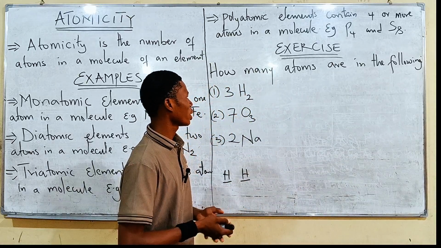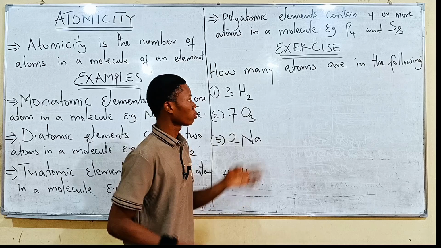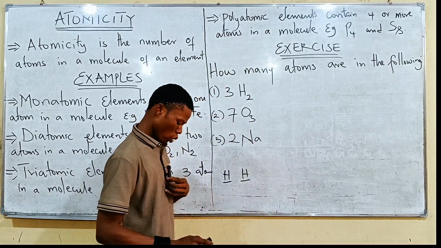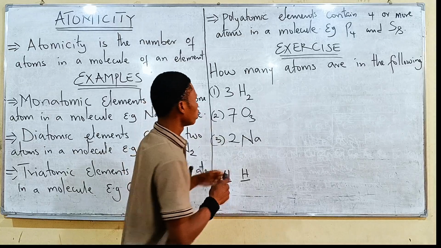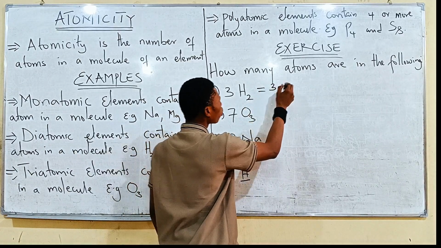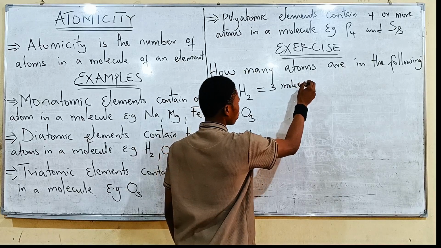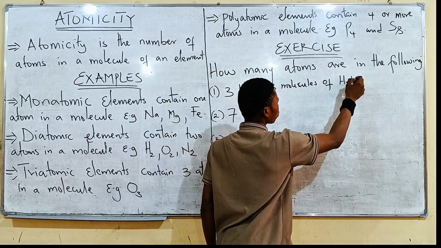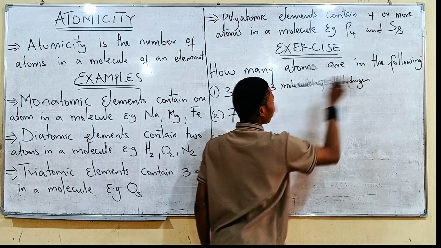Now let's look at some exercise. I promise to keep this very, very short. How many atoms are in the following? Now, this 3H2 means 3 molecules of hydrogen.